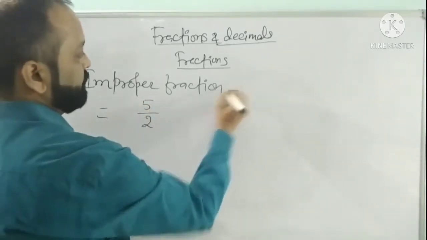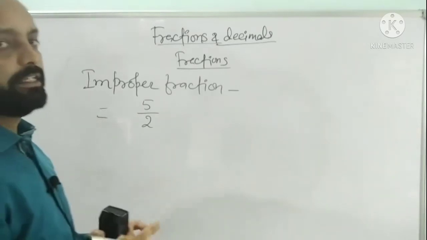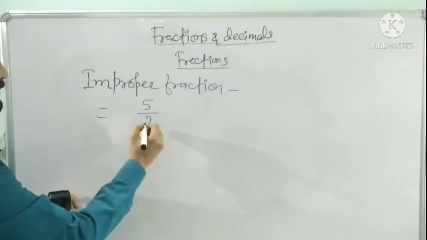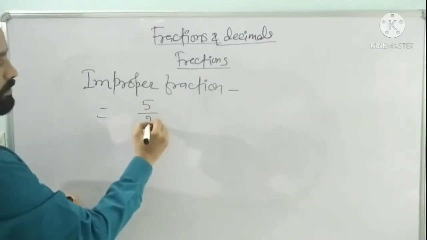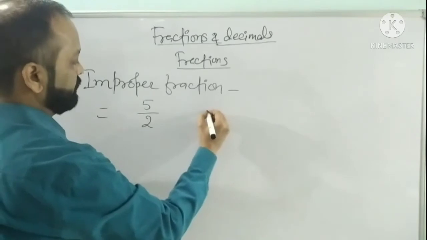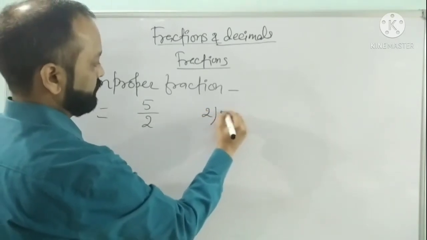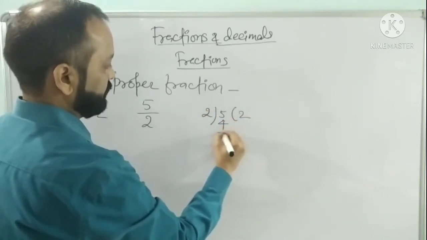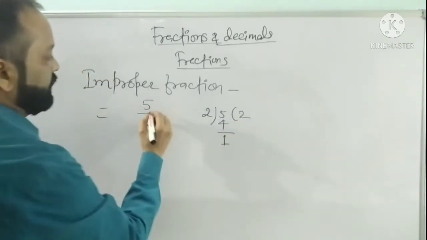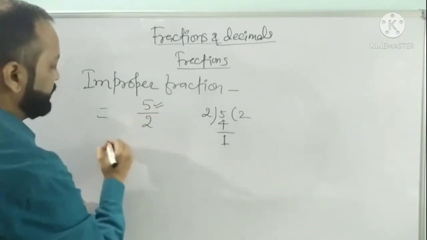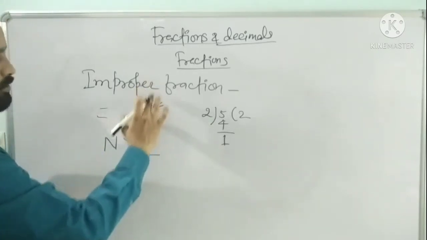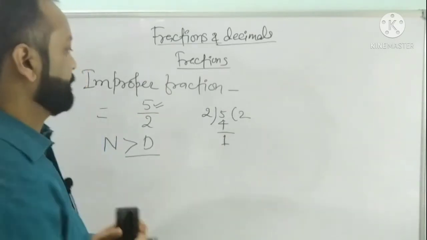So the improper fraction will always carry a fraction and a whole. When we divide 5 by 2, we get the result, correct. So here you can see the numerator part is always greater than the denominator. This is called an improper fraction.